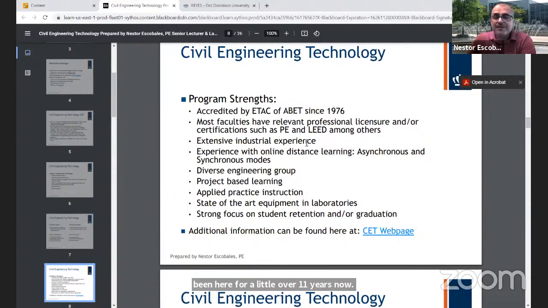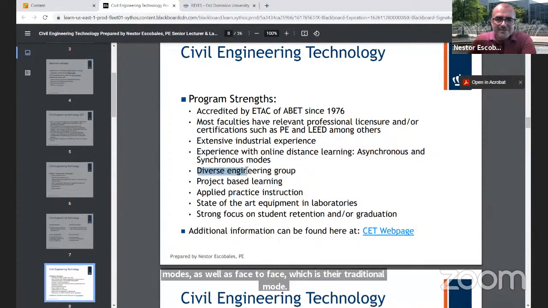So the engineering technology faculty has a lot of industry experience. Also, engineering technology has a lot of experience with online distance learning, asynchronous and synchronous modes, as well as face-to-face, which is the traditional mode.